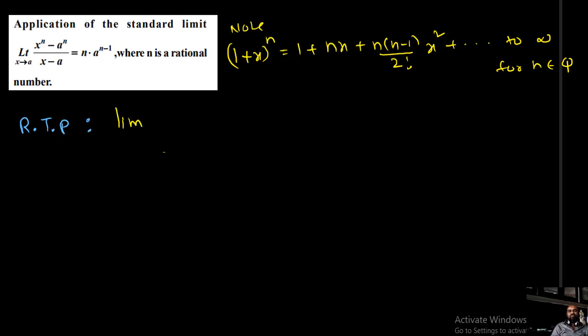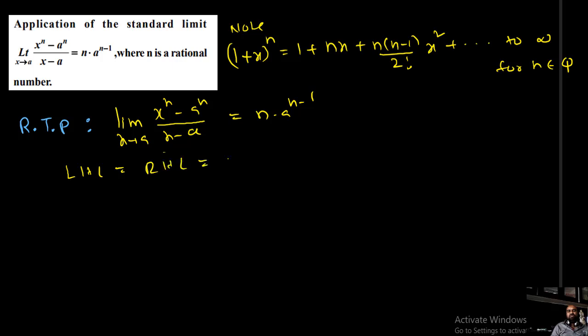The limiting value of (x power n minus a power n) by (x minus a), where x is tending to a, is nothing but n into a power n minus 1. Or it is better to prove LHL equal to RHL equal to n into a power n minus 1. LHL means what?